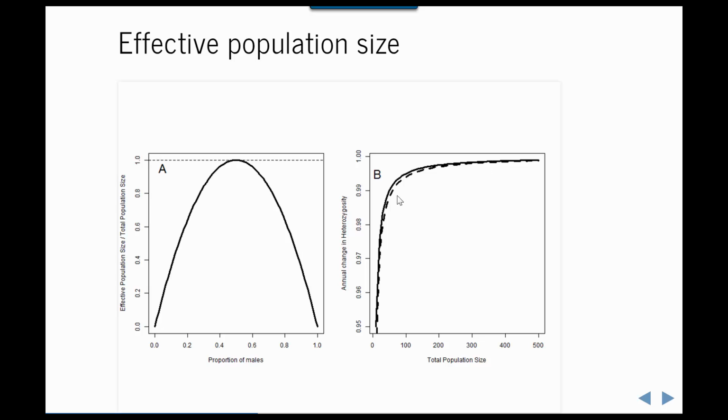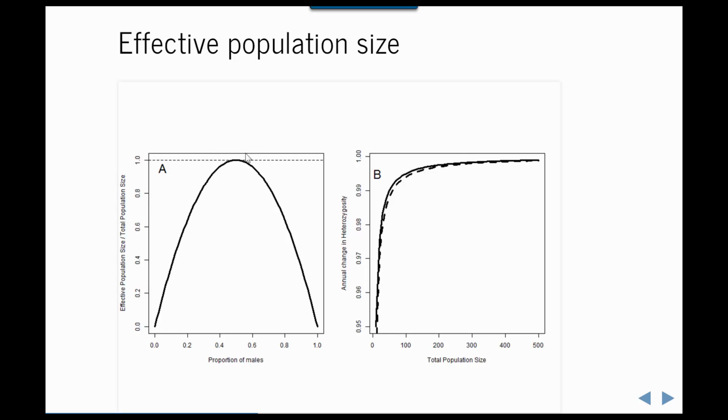The dashed line in this case is what happens if your sex ratio is 0.3, so that is 30% males, 70% females. So you're down here somewhere. And what you can see is that it actually doesn't make that big a difference compared to the effect of small population size.